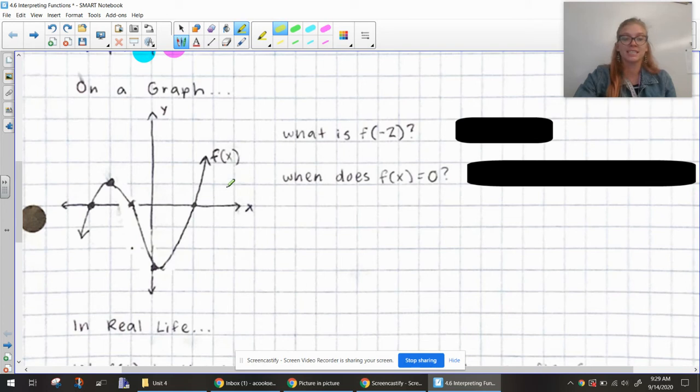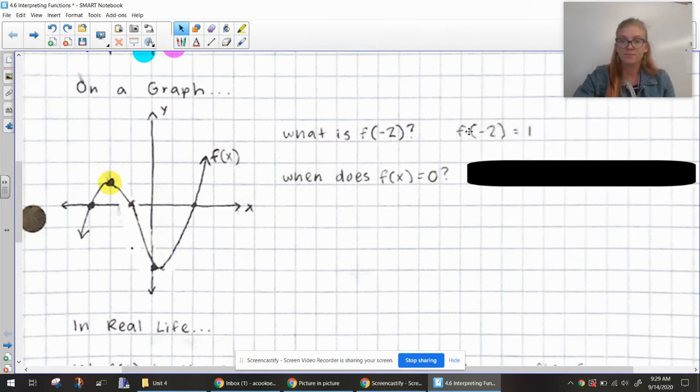So we're going to look to see what is the y value when x equals -2? So here, at x equals -2, y equals 1. So we can say that f of -2 equals 1 because that's where our graph is. It's at 1 on the y-axis.